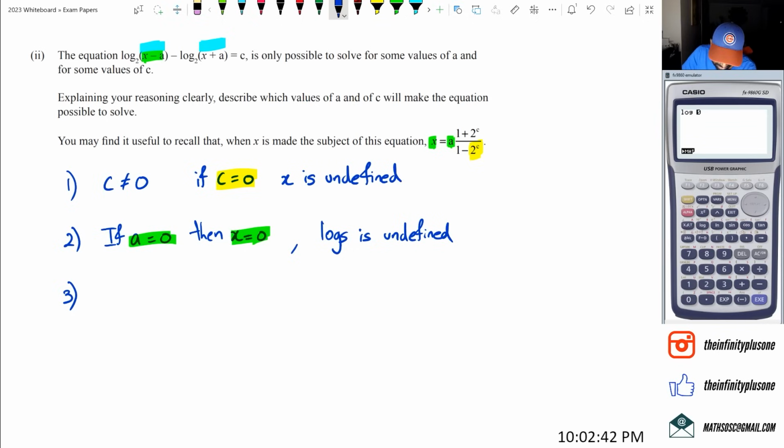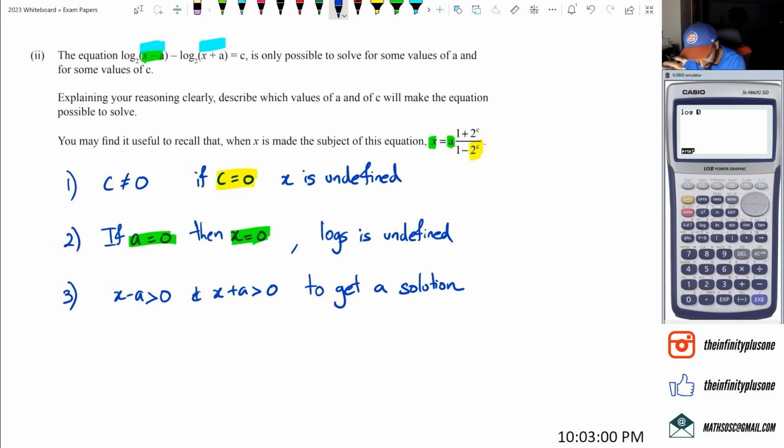So you have to say that x minus a is greater than 0, and x plus a has also got to be greater than 0 to get a solution. So weirdly enough, guys, that's pretty much it for this question, because they ask these situations and then that's where they leave it.